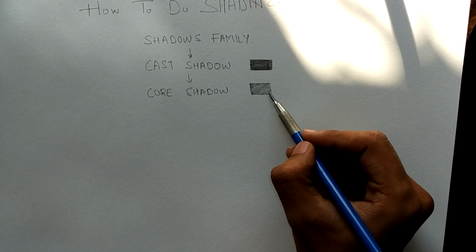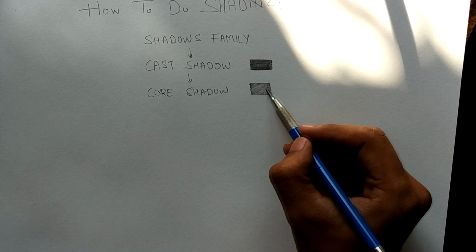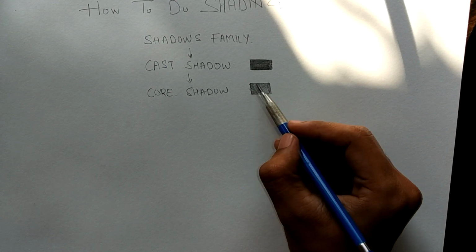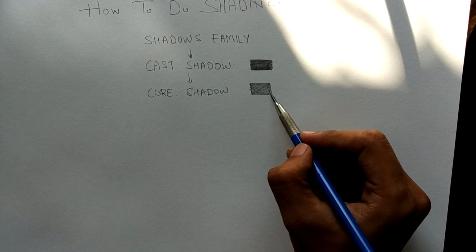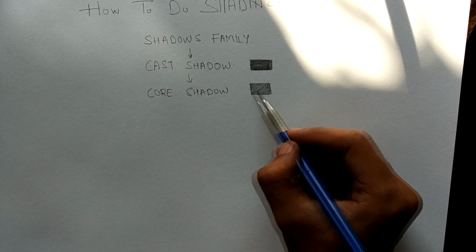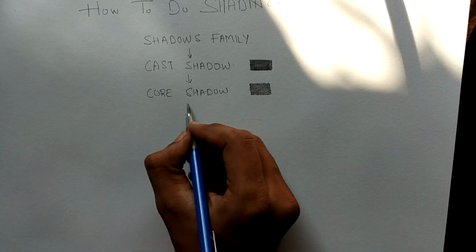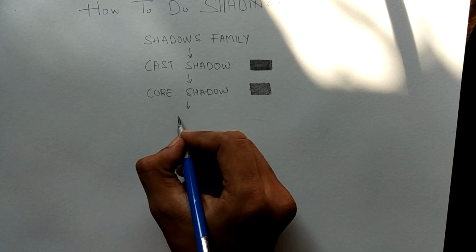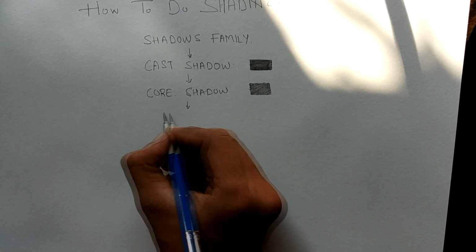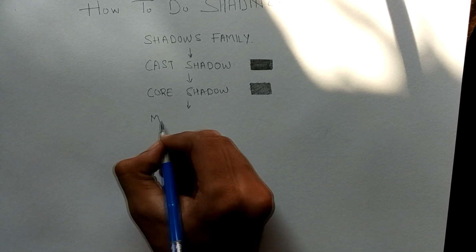Core shadow gives your object a 3D form, and it's one of the most important things to understand in the shadow family. The better you execute this part, the better your drawing looks.